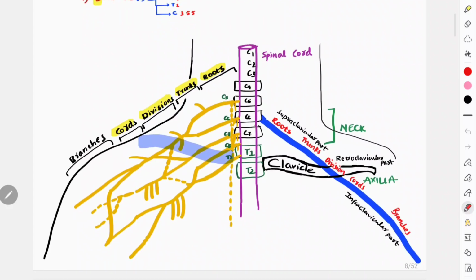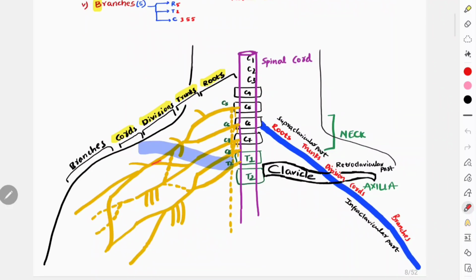And the divisions further unite to form cords. This anterior and this anterior fuse to form one cord, and this posterior along with this posterior and the third trunk posterior forms another cord. This anterior segment forms another cord.